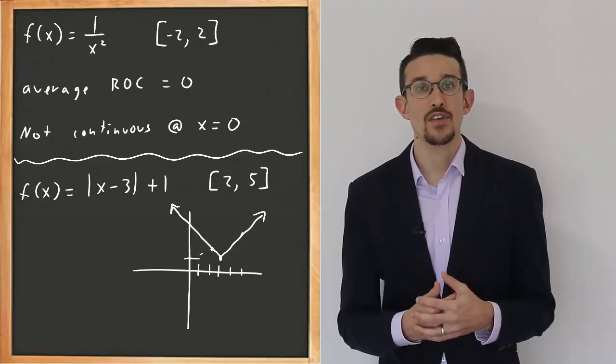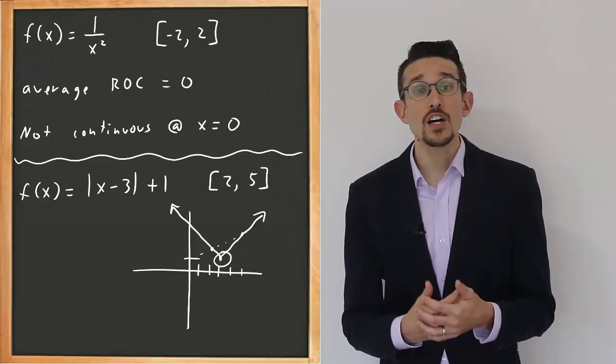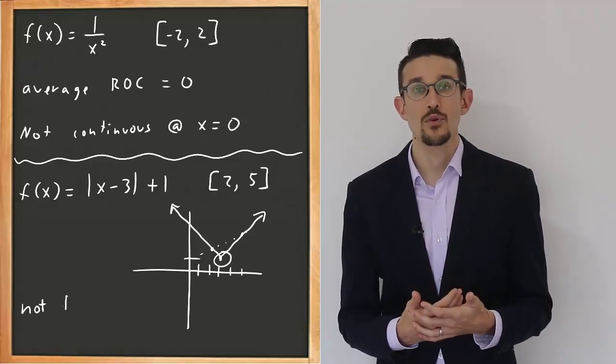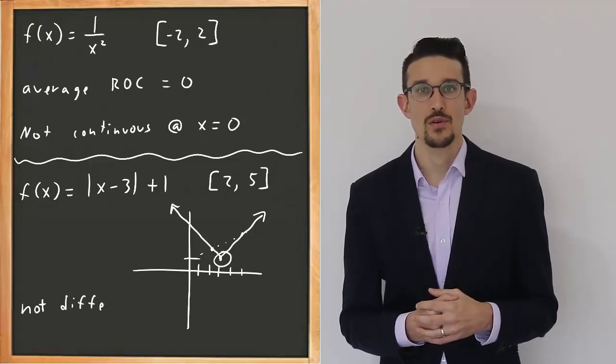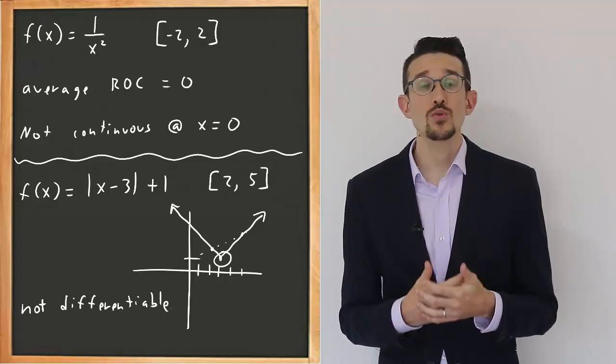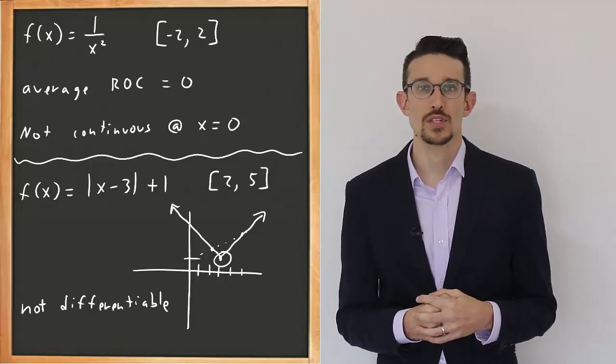So it can't satisfy the mean value theorem. And that's because we have a cusp. A cusp means that this function is not differentiable on the interval, and of course, again, fails the mean value theorem. These are just a couple of great problems you can do with your students, which will hopefully help them understand how and why the mean value theorem works.